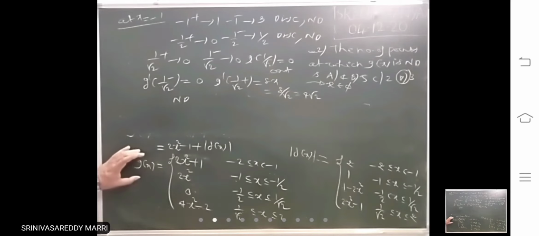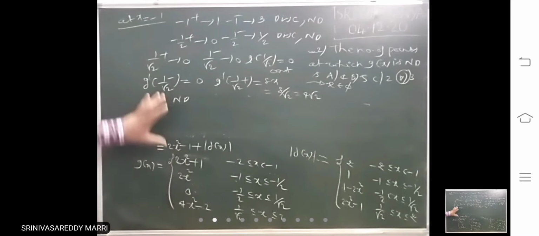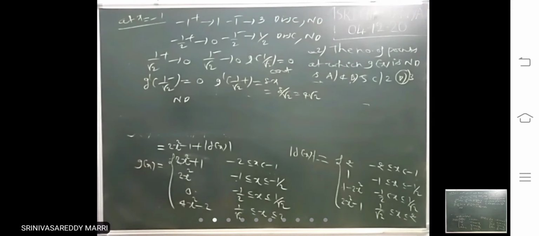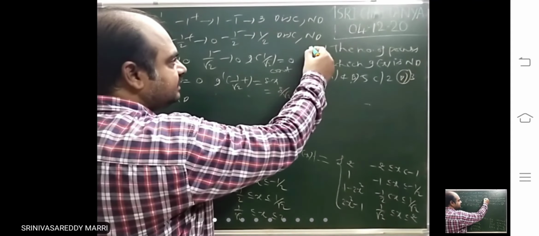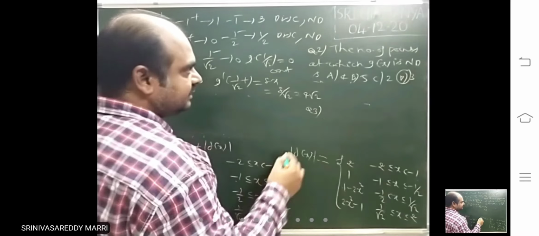We are able to check because this has a clear definition. If the definition is clear, you can easily check at those rule changing points. The third question, if you see in the comprehension, if you do one problem it will be a bonus.